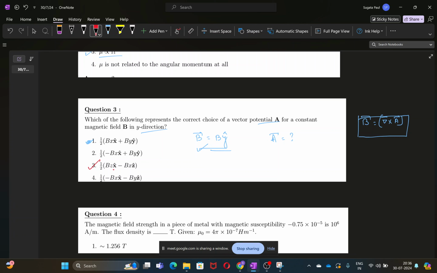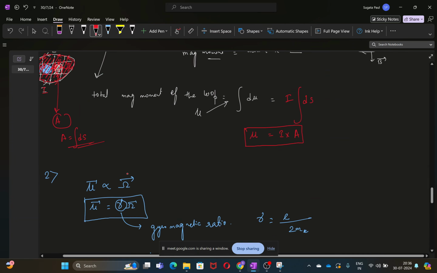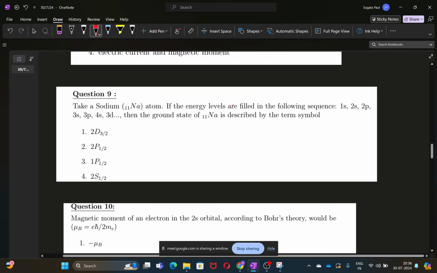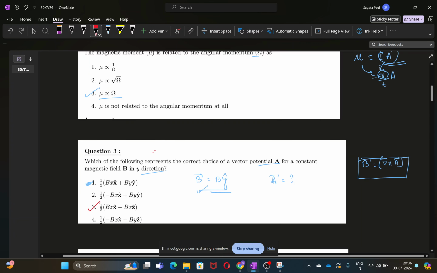So let us check this. A is here, Bz x cap minus Bx z cap. So remember that our A vector for choice number C is half of B times z x cap minus B times x z cap. Let us verify once again so that we will not make a mistake.